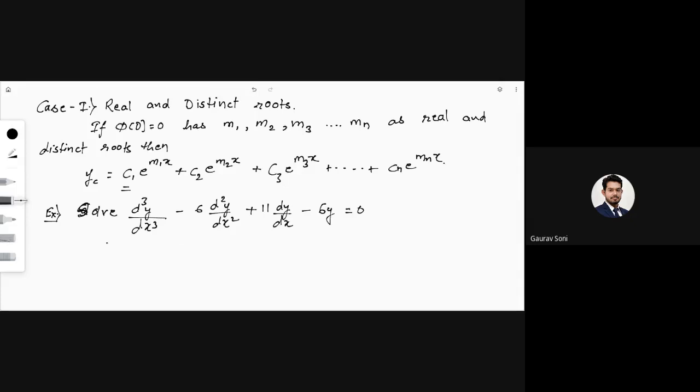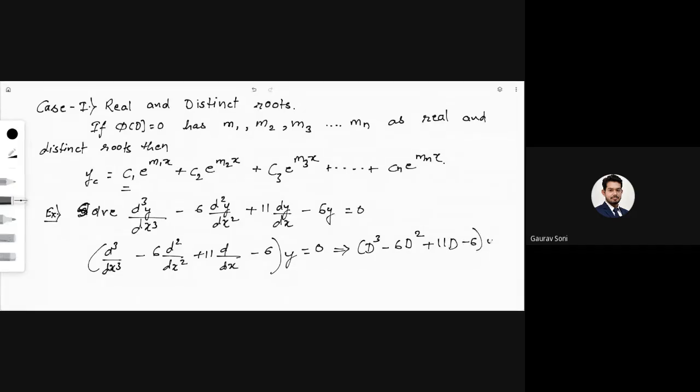So what I am supposed to do, I'll take y common. So d cube by dx cube minus 6 d2 by dx square plus 11 dy dx minus 6 y is equal to 0. Once I do this, d by dx is capital D, so that will be d cube minus 6 d square plus 11 d minus 6 y is equal to 0.